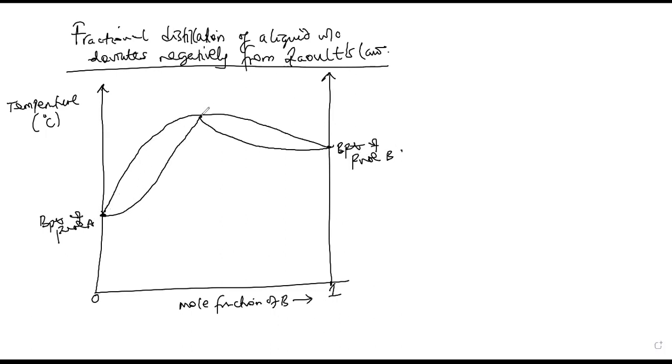At this point, we shall have a constant, we shall have our azeotrope. This point where we have XB.